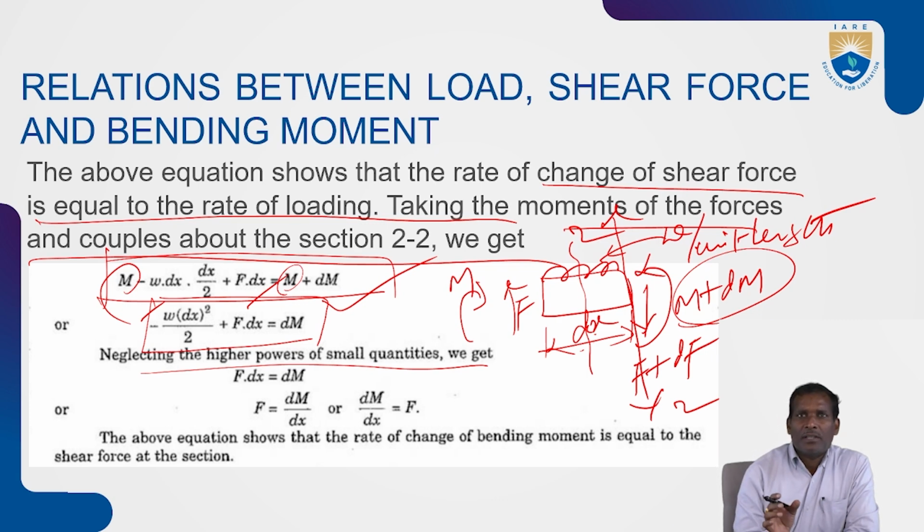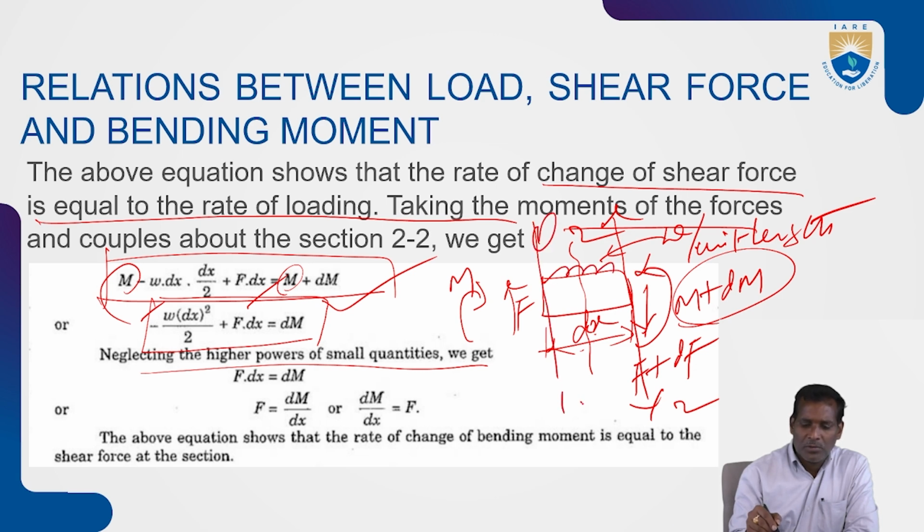We have taken a very small portion between the sections 1-1 and 2-2. So we can neglect it, because it will be a very small value. So the final one is F into dx is equal to dM.